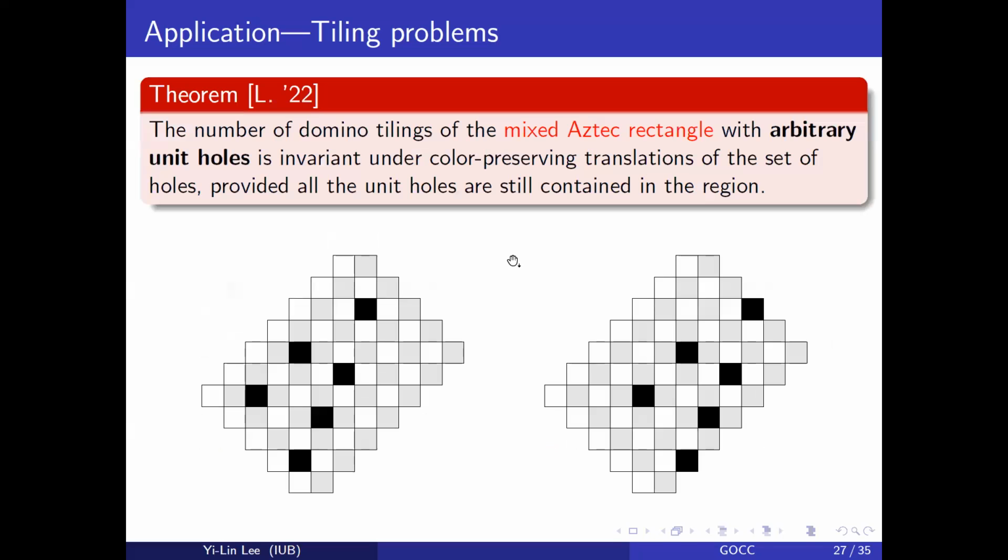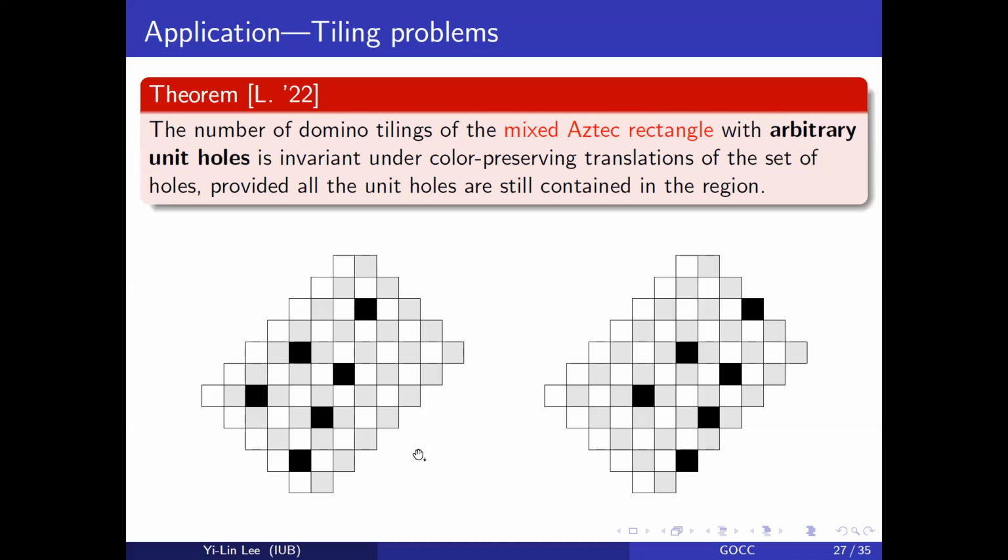One result about it is that if we have arbitrary unit holes in the mixed Aztec rectangle region, we can translate these unit holes by a color preserving translation, which means that we translate the holes along the same direction with the same distance at the same time. Color preserving means that the underlying checkerboard coloring is preserved under this translation.